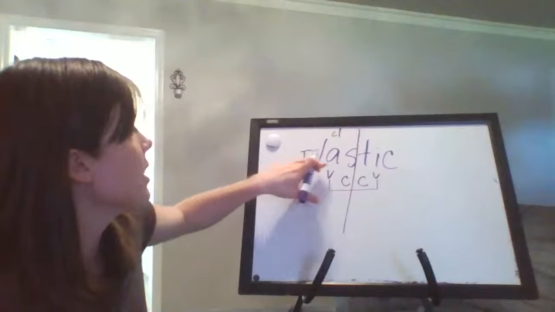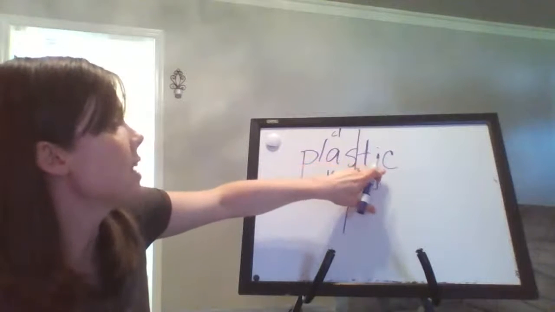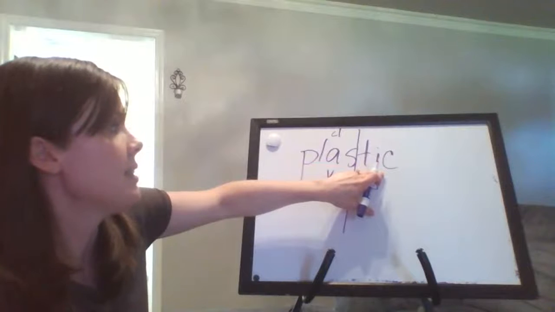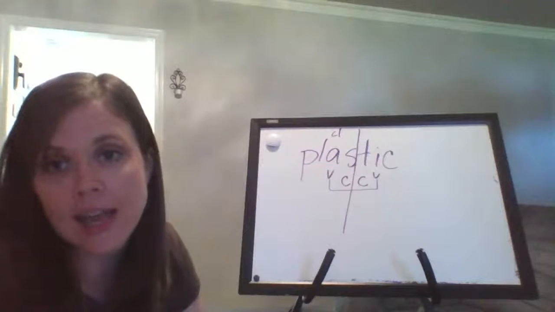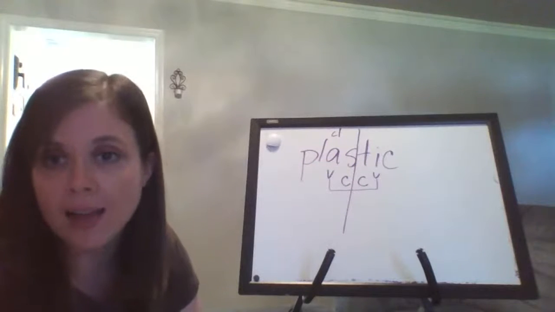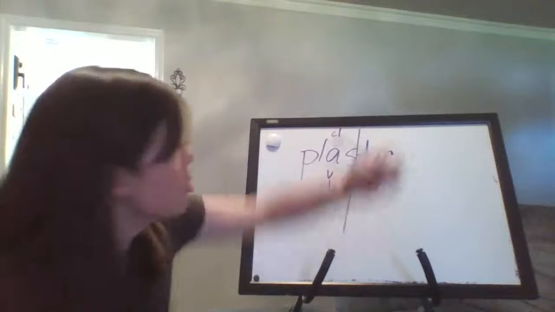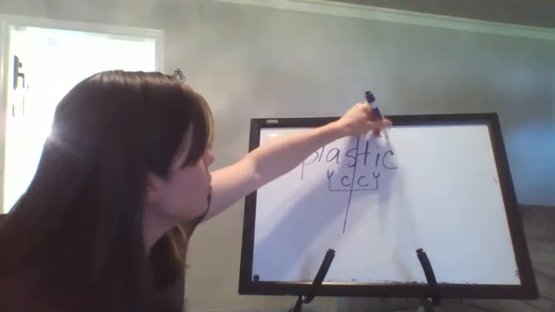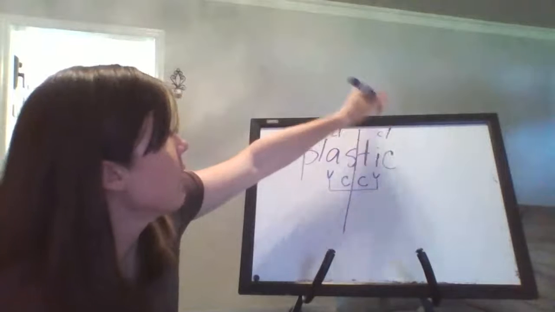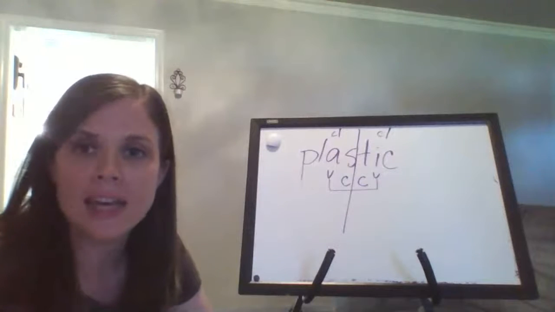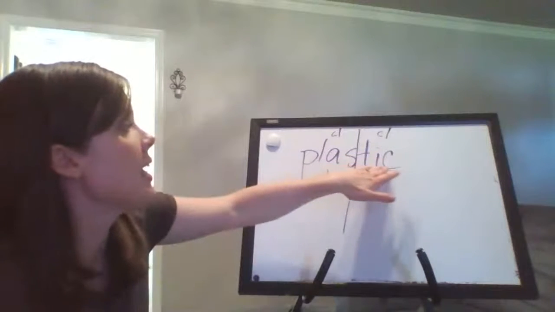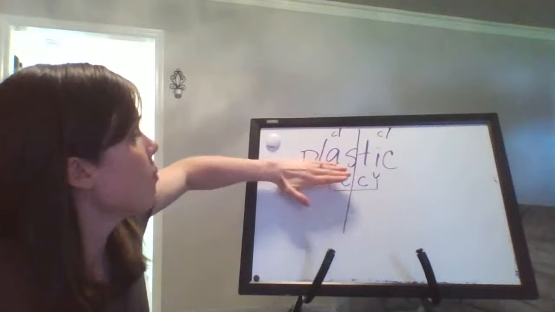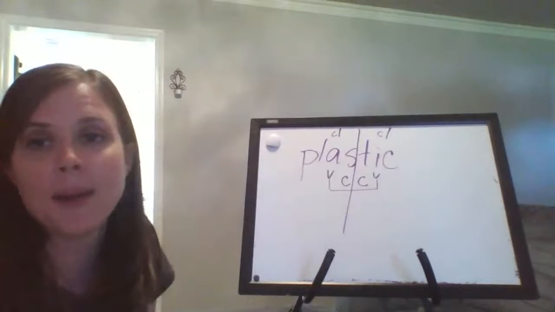So we have plas. What about the second part of our word? I-C. Is there a consonant after the vowel I? Yes. So this is also a closed syllable. That I is going to make the short sound of I. So it's going to be t-ick, tick. So far we have plastic.